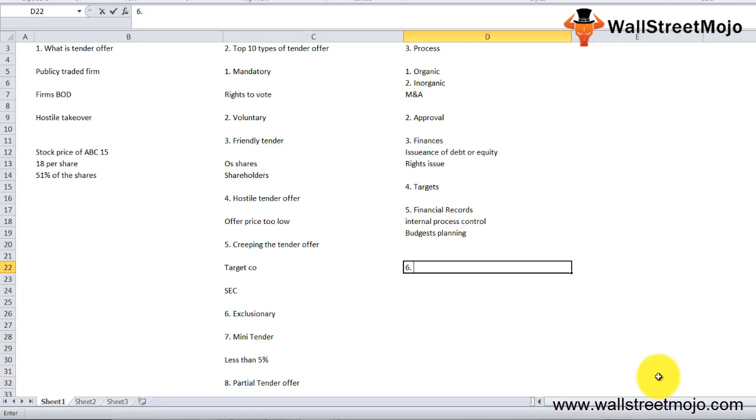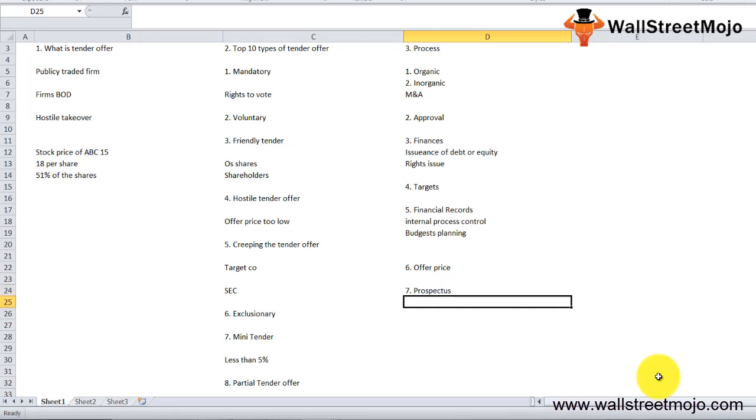Sixth, the firm will state the offer price and appoint the dealmakers and the paying agents for executing the tender offer. The paying agents will prepare the prospectus or the offer document in collaboration with the legal advisors. They will also register with the relevant regulatory authorities and ensure a smooth public announcement of the offer.